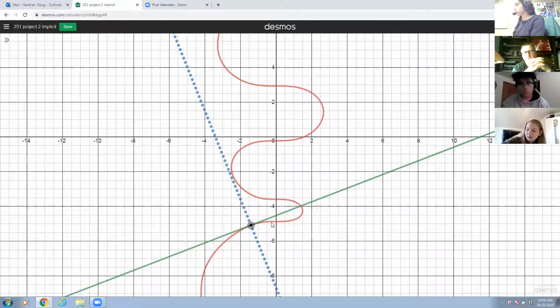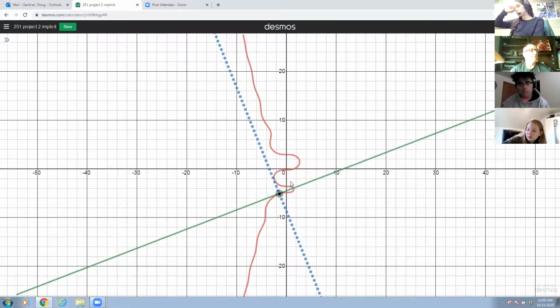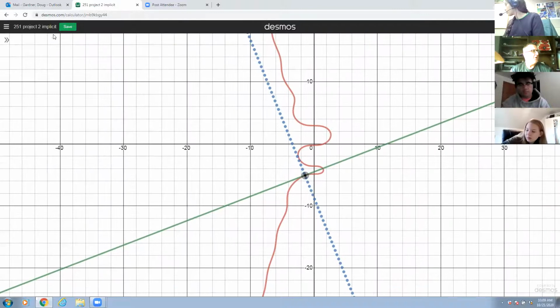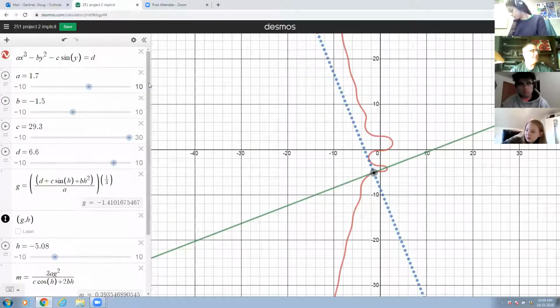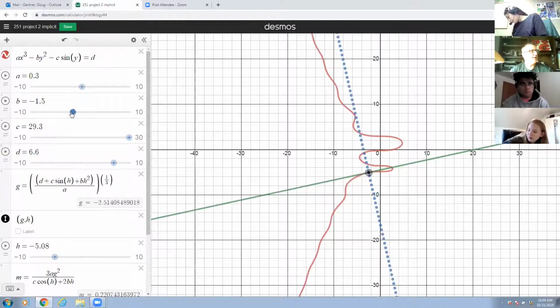And of course, what's kind of neat about what we just learned is you can now come up with equations that do really crazy things. So this is kind of cool. And maybe just because you're curious, I'll show you really quickly, because again, this is just some equation I made up. Notice it's ax cubed minus by squared minus c sine of y equals d. And I didn't even put constants in front of those. Like I can actually drag mine around.